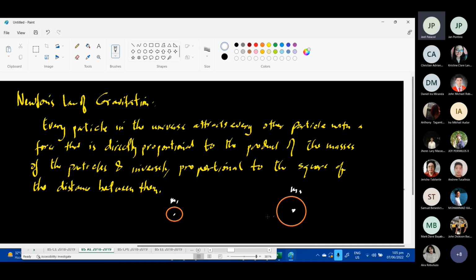One exerts a force on the other, equal amount, even if they have different masses. Say that they are separated by a distance r. According to Newton's law of gravitation, that force F is directly proportional to the product of the masses M1, M2, and inversely proportional to the square of the distance between the masses. All right?